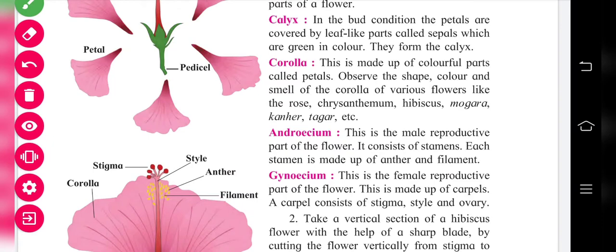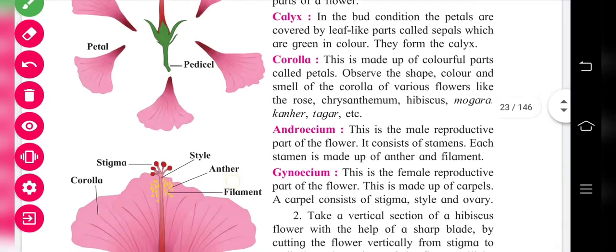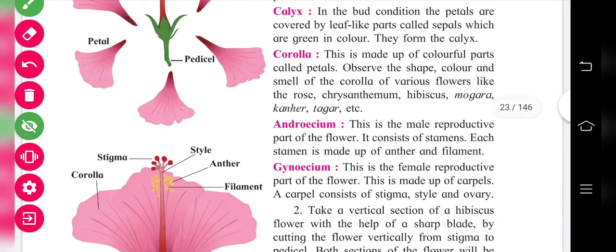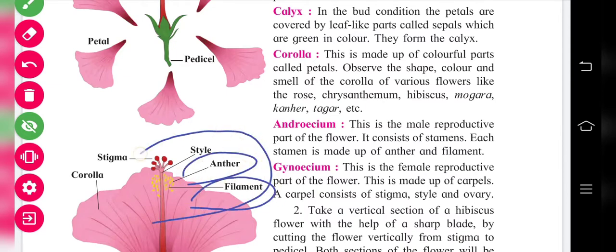So that is the male reproductive part, and it consists of stamens. Each stamen is made up of anther and filament. So here is the anther and the filament. That is the male reproductive part.